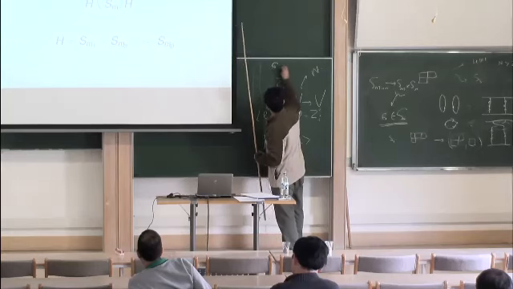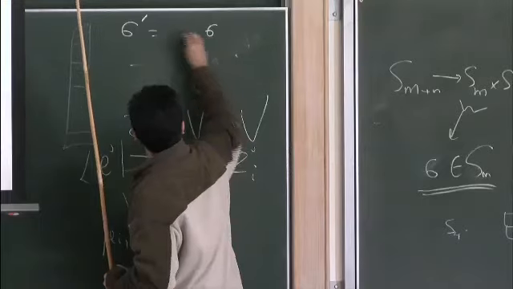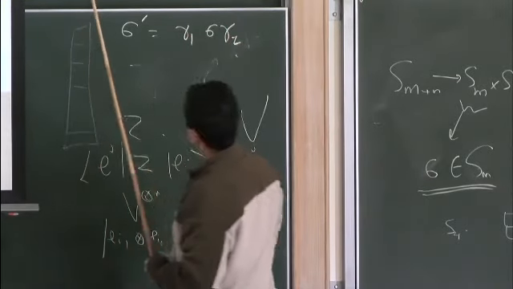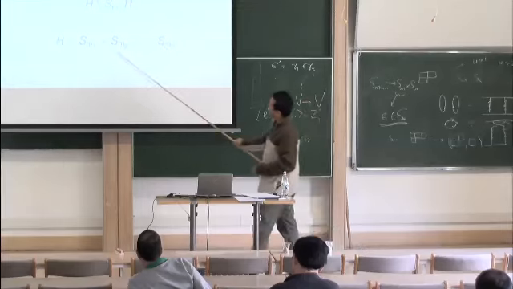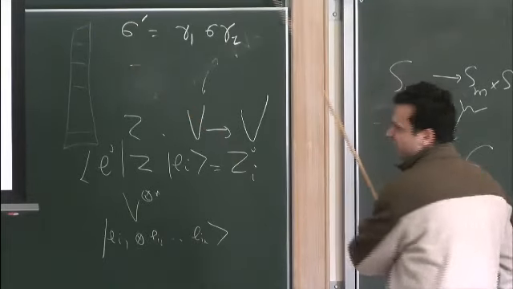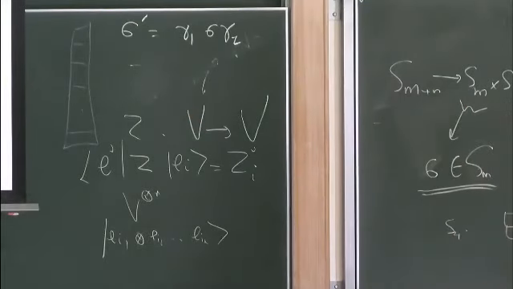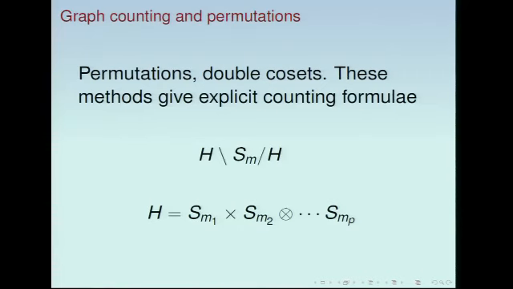So if sigma prime is sigma times gamma 1, gamma 2, where gamma 1 and gamma 2 are in this subgroup, then these two permutations, sigma prime and sigma, actually represent the same graph. So there's a very simple way to take into account the redundancies.